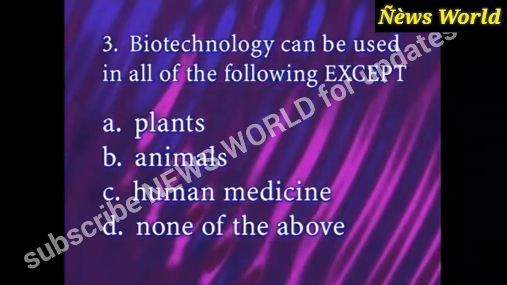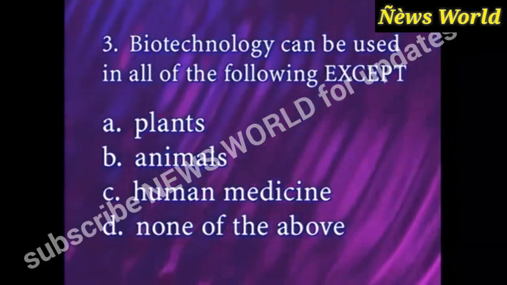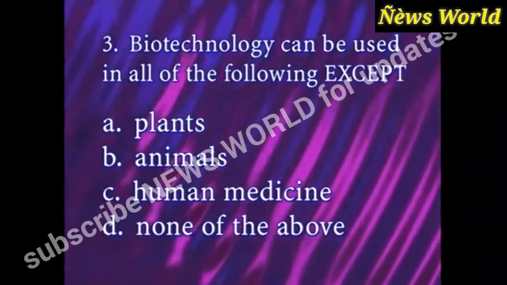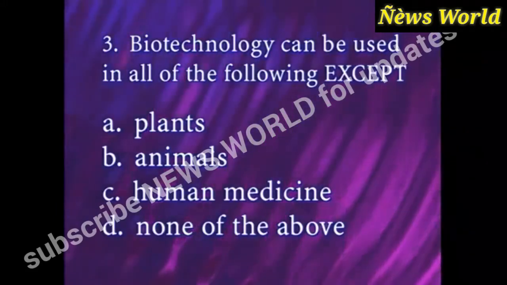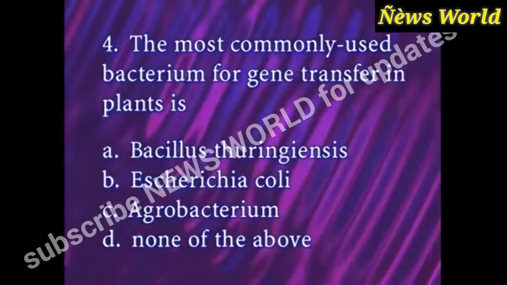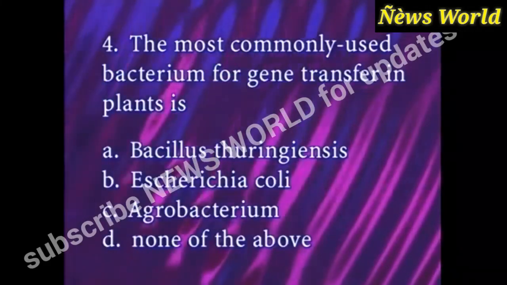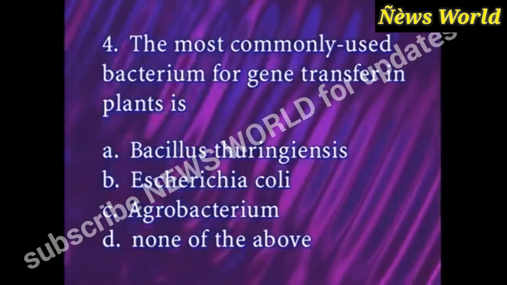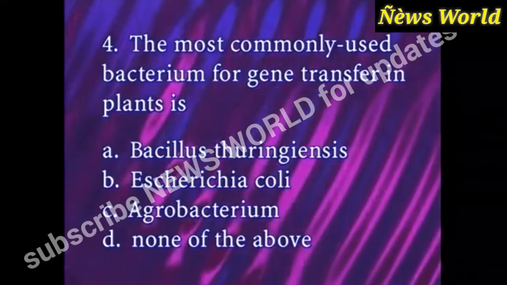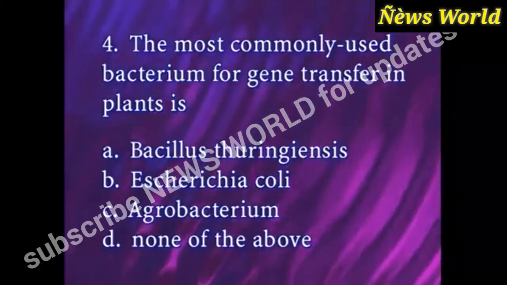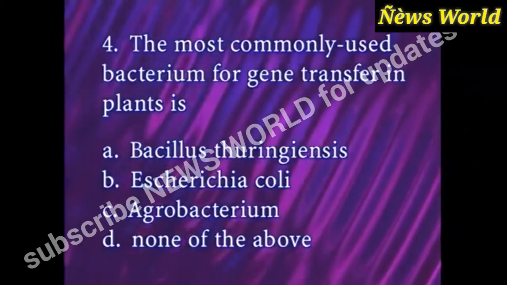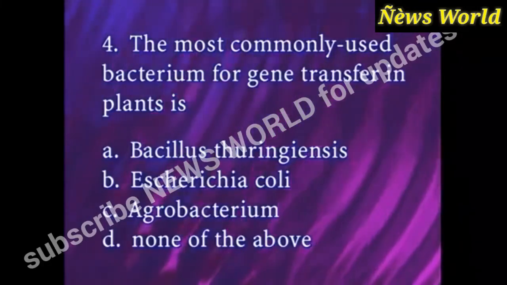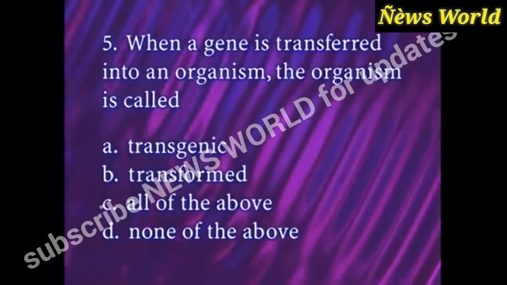Biotechnology can be used in all of the following except: A. Plants, B. Animals, C. Human medicine, D. None of the above. The most commonly used bacterium for gene transfer in plants is: A. Bacillus thuringiensis, B. Escherichia coli, C. Agrobacterium, D. None of the above.